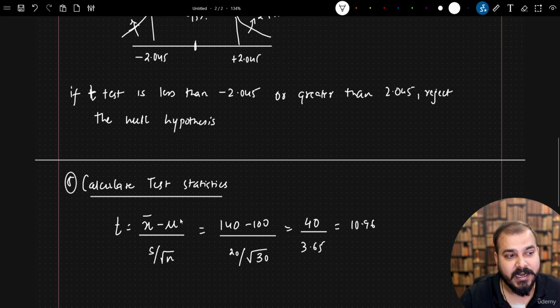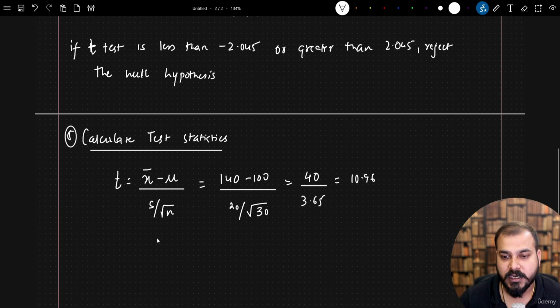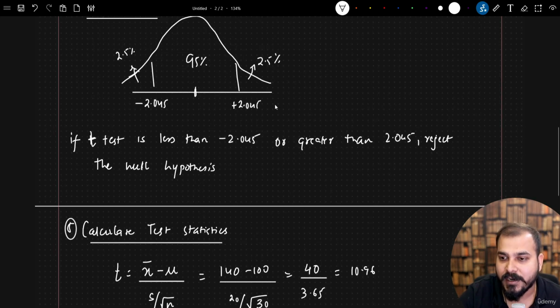Now this is my t-test value. So t is equal to 10.96. Now you know that this t, whether it is greater than 2.05 or less than minus 2.05, it is obviously greater than this. So it is falling in this specific region, right?